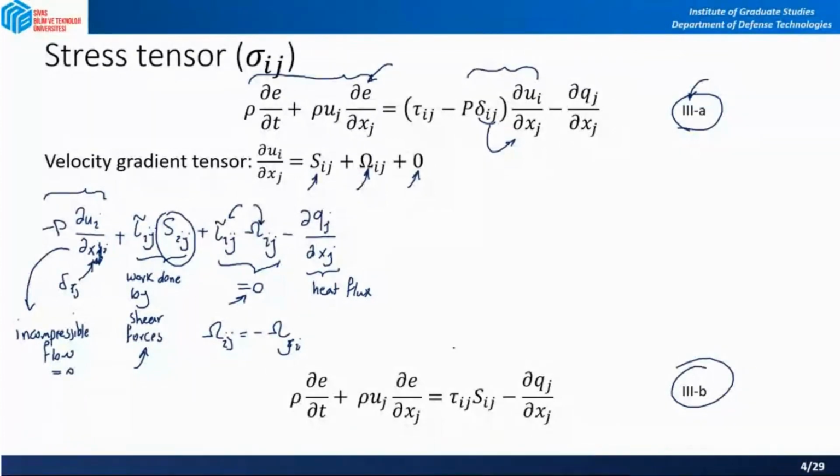Specifically, this last equation tells me this story. If you do some shearing work on the fluid, and if you apply some heat, the fluid temperature, this represents the temperature energy, will change.